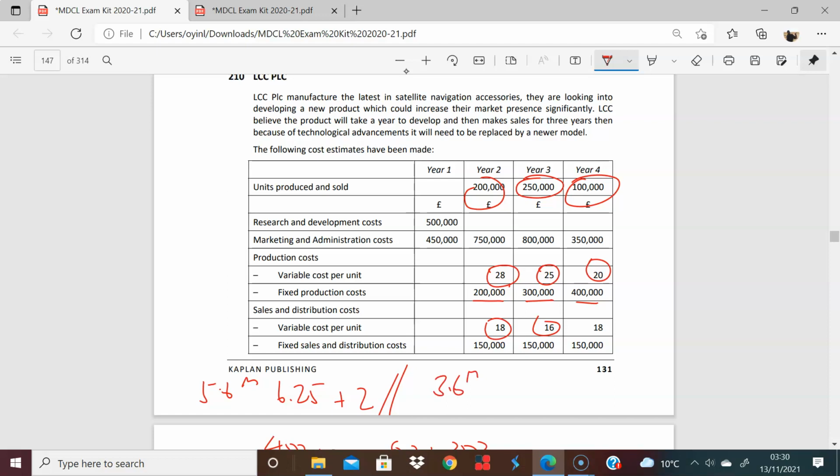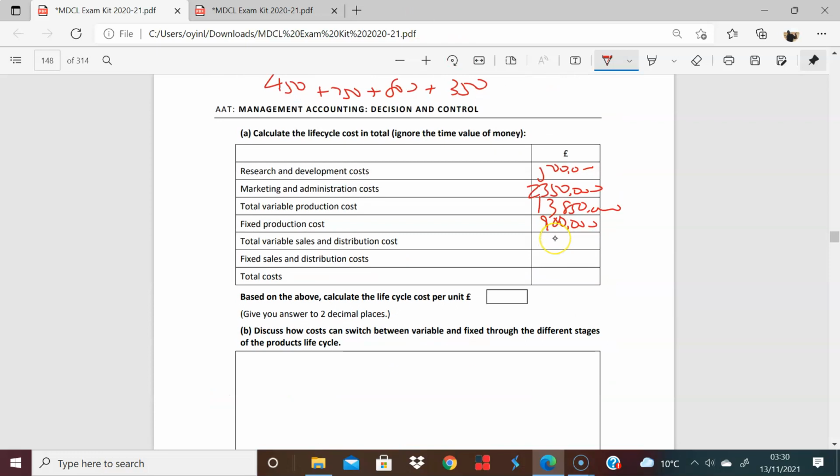And then you have the 250,000 times 16, which is 4 million. And then you have the 18 times the 100,000, which is 1.8 million. So this time 3.6 plus 4 plus 1.8 is 9.4. So I have 9.4 million.